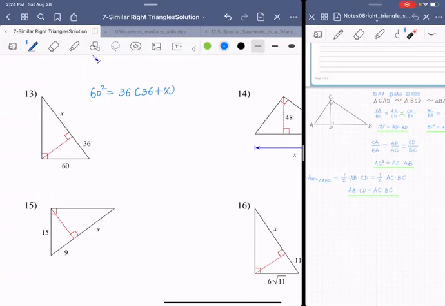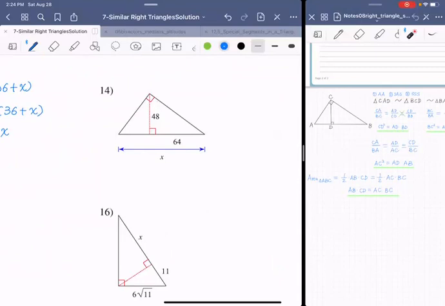Next, we can change the left to be 3600, equals 36 times... Okay, so 100 equals 36 plus x. Very good. X is equal to 64. Very good. This is nice.